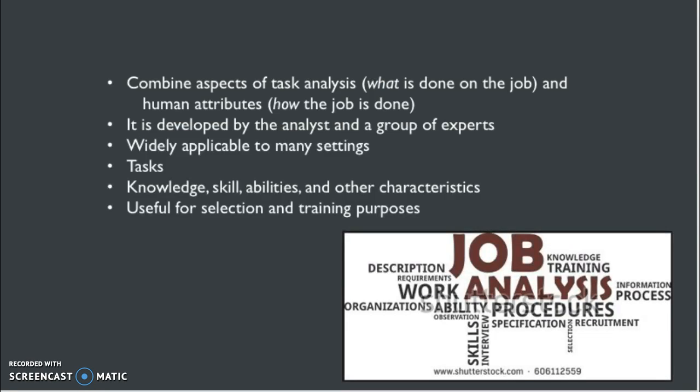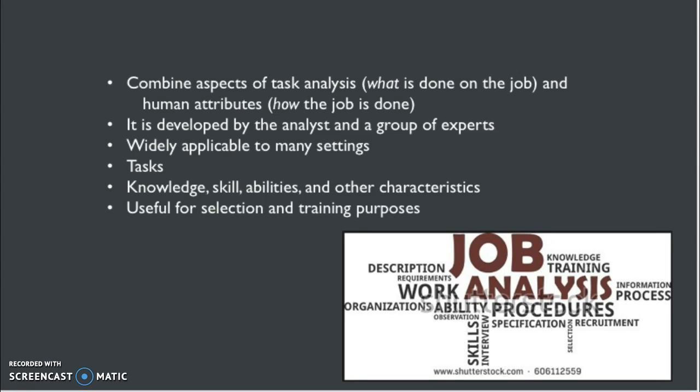In conclusion, the combination job analysis method was developed to combine aspects of task analysis and human attributes, or job attributes and worker attributes. It is developed by the analyst and a group of subject matter experts. It is widely applicable to various occupations.